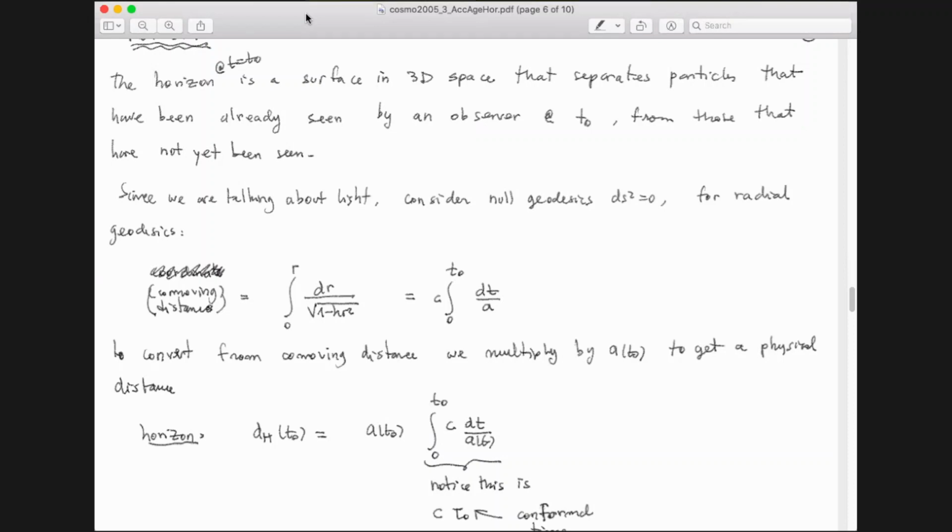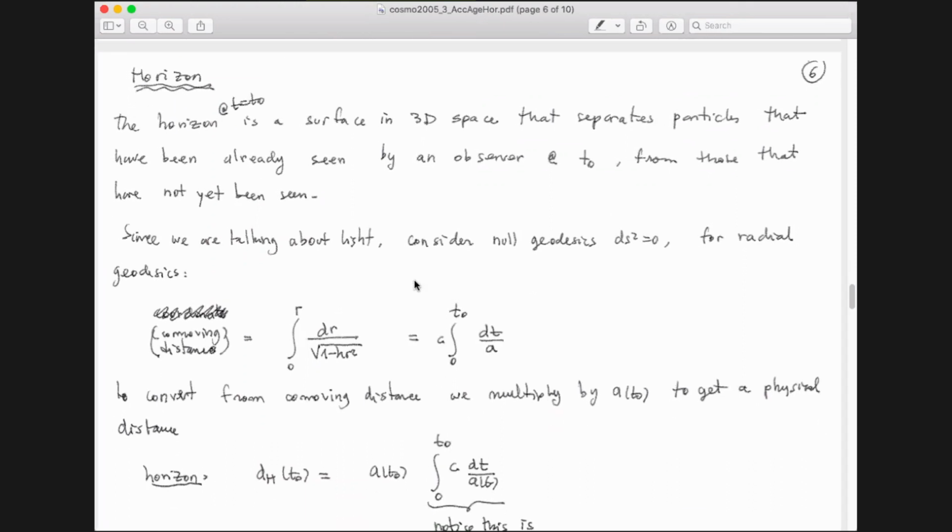Because I don't see you guys, you have to say yes or no. Okay. So now we'll talk about horizon, the real definition of horizon. Till now we have a vague definition: a distance after which we cannot see, because the universe is expanding.